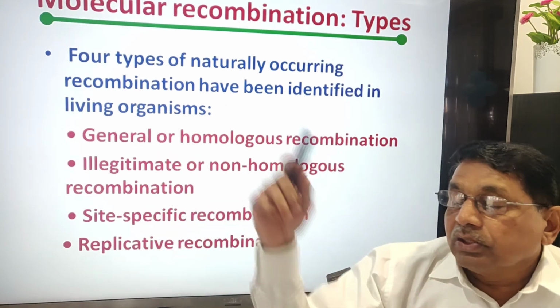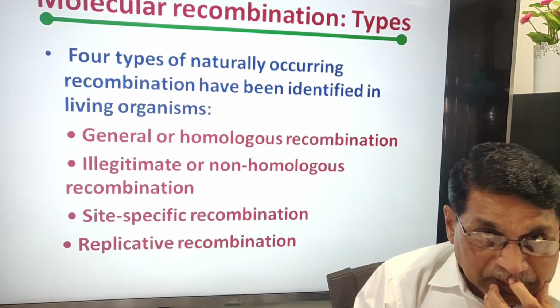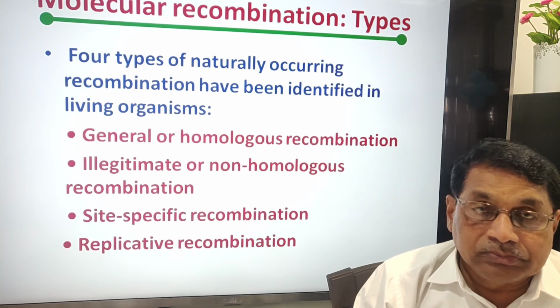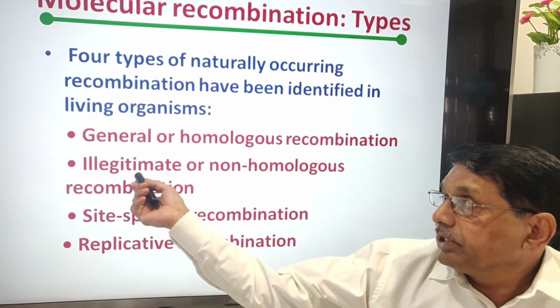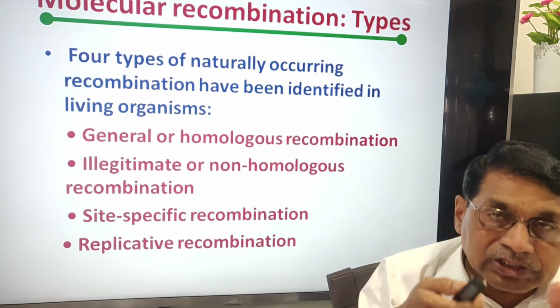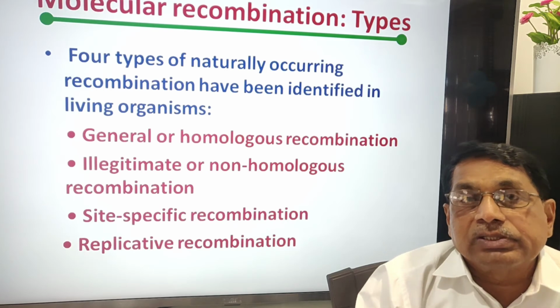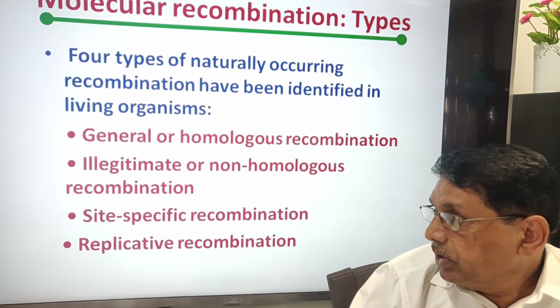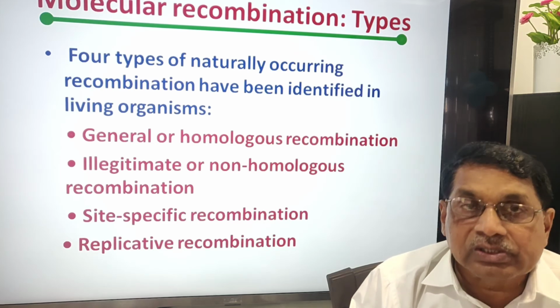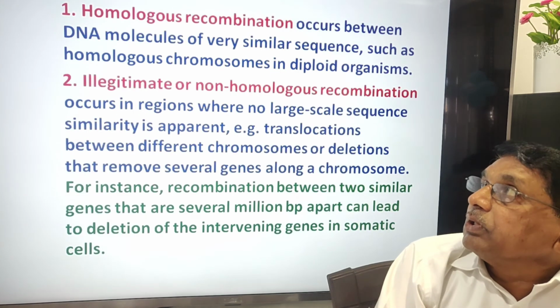Recombination between homologous chromosomes; recombination between non-homologous chromosomes, which is illegitimate. Site-specific recombination takes place at a particular location, as in lambda phage. Replicative recombination is found particularly with transposons.